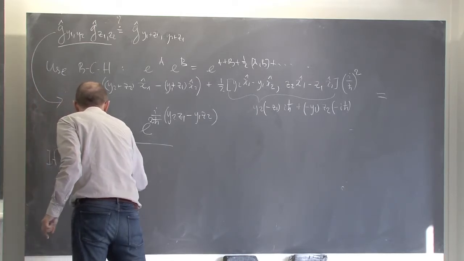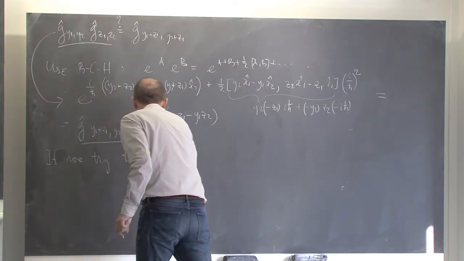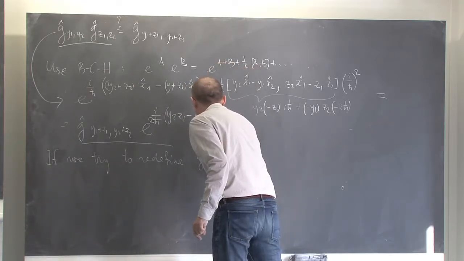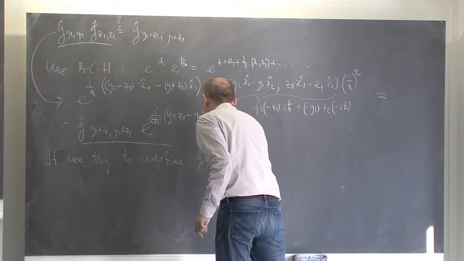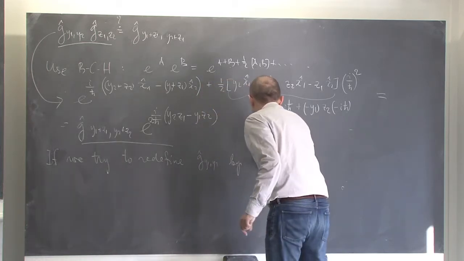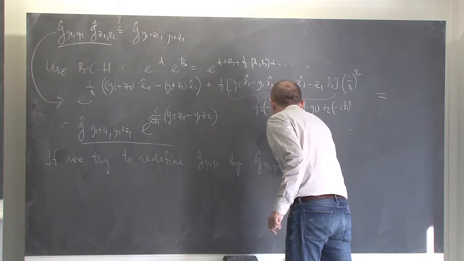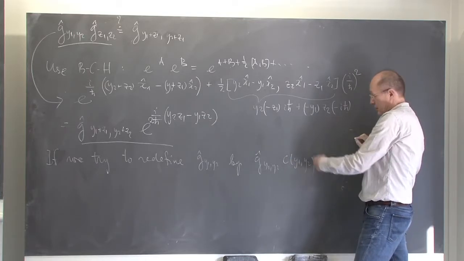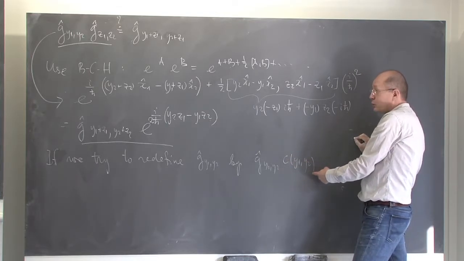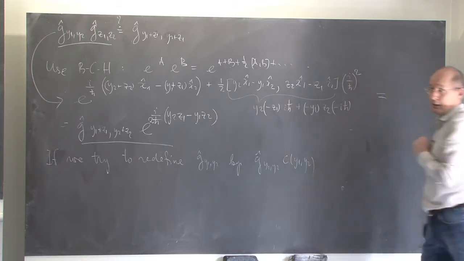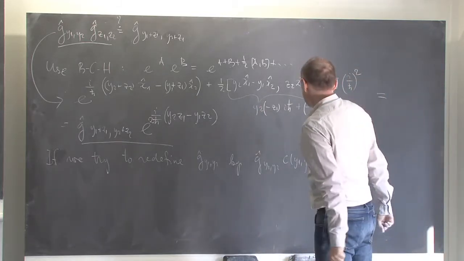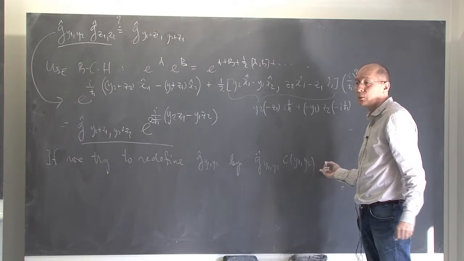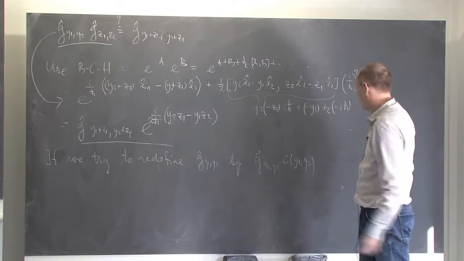Since it is antisymmetric in y and z, if we try to renormalize, if we try to redefine g hat of y1, y2 by g hat of y1, y2 times c of y1, y2, by looking for some functions of y1, y2, trying to absorb this projective factor, then we will not succeed, because the combination which will show up of C's will be symmetric in y and z.